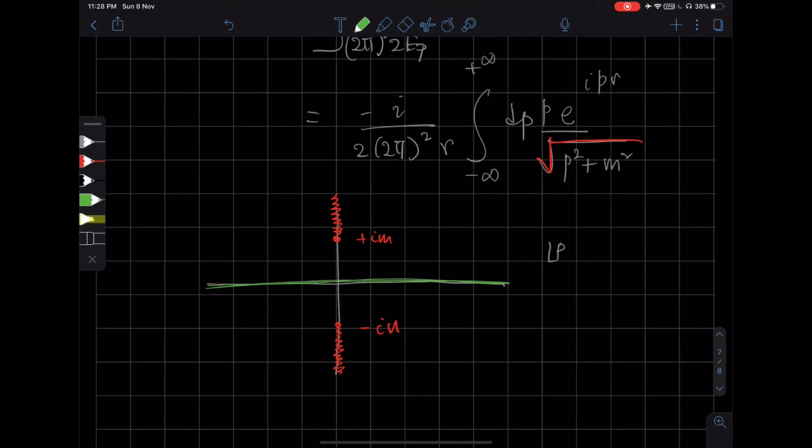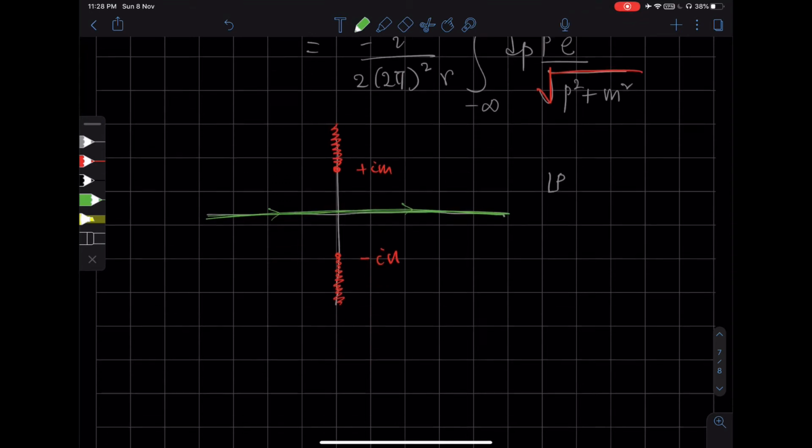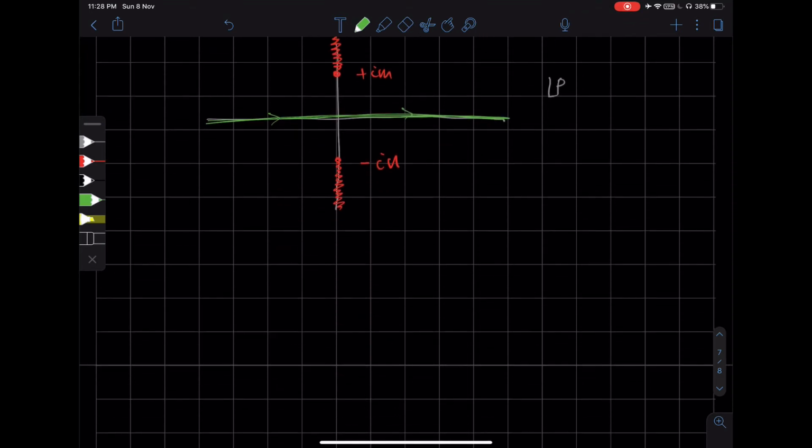Now what we can do is look at the following contour integral.